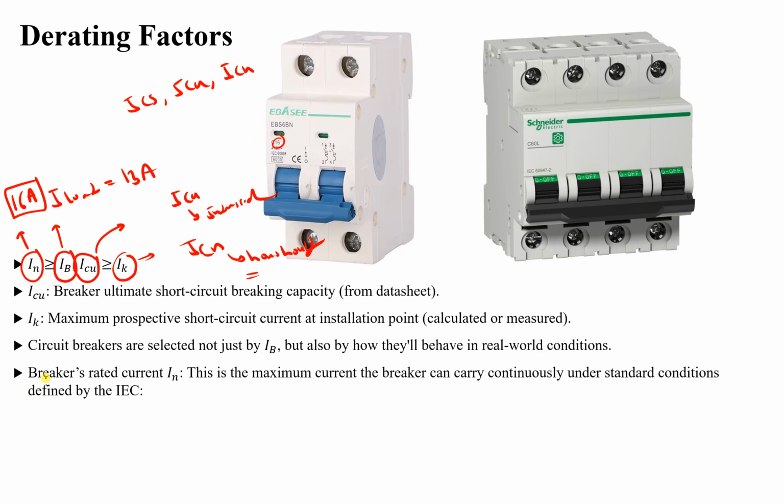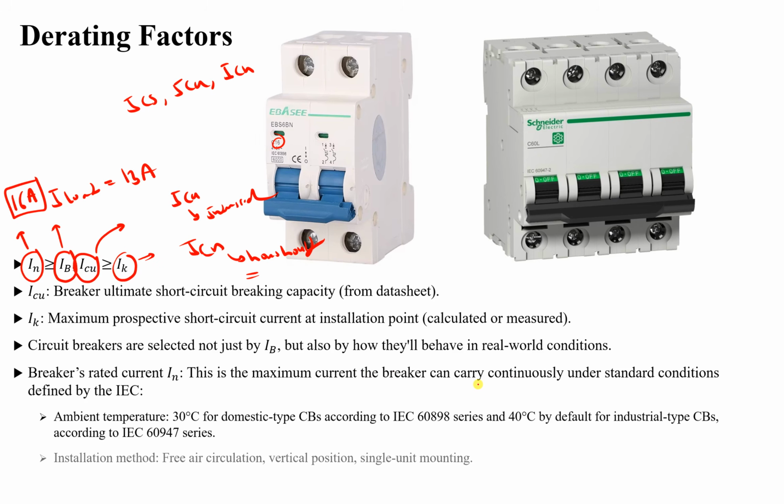So we have the breaker rated current IN. This is the maximum current that the breaker can carry continuously under standard conditions defined by IEC without tripping. According to IEC, we have 30 Celsius degrees, which is the nominal or ambient temperature for domestic, household or commercial circuit breakers according to this standard that we discussed before.